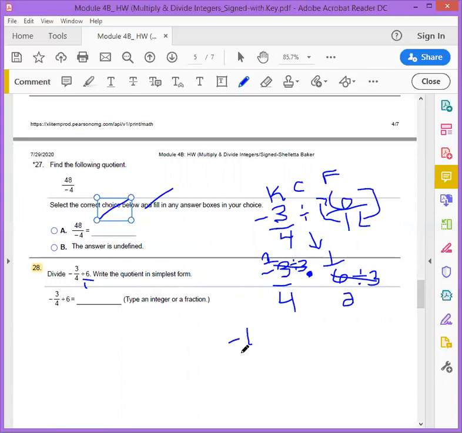We had -1/4 for the first fraction and 1/2 for the second one. So now we'll just multiply across, top times top, or numerator times numerator. -1 times 1 gives us -1. And 4 times 2 gives us 8. So -1/8 will be our answer.